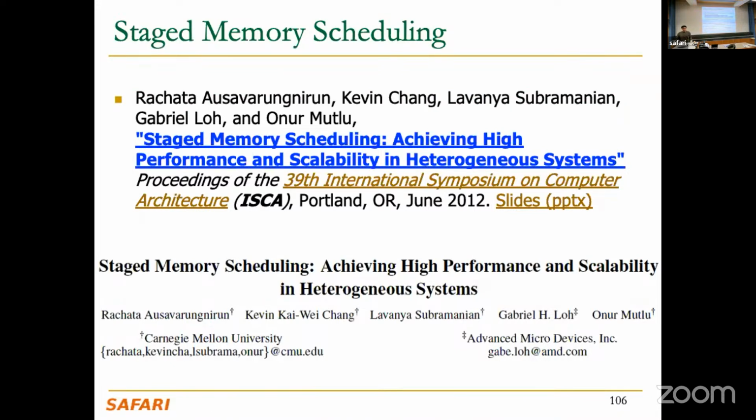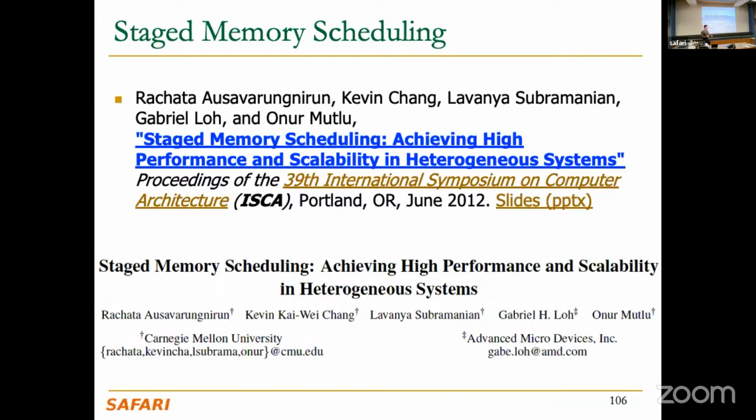I won't go too much into the details of these few papers that I go over here, but staged memory scheduling is one example. The problem here is that in a heterogeneous system, you don't only have the CPU scheduling requests. You have the GPU that's going to request many cache lines at the same time from main memory.